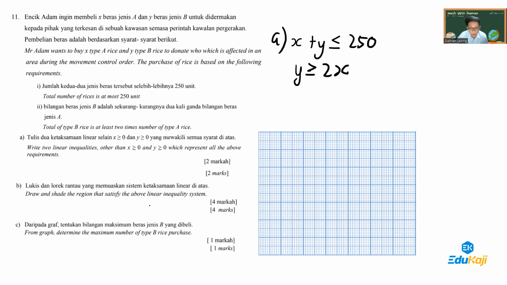Then draw and shade the region that satisfies the linear inequality system. There's no scale given here, so it's up to us to set. Since there's 250 here, let's go until 250. If I start 0 here, 50, 100, 150, 200, 250. Yeah, can fit. Each box is 50.